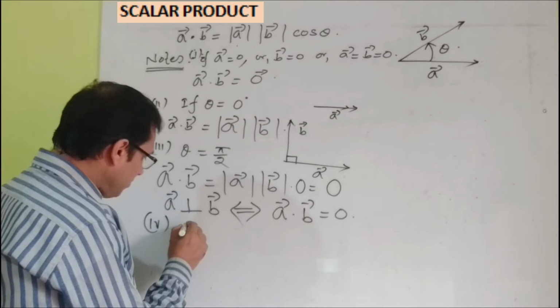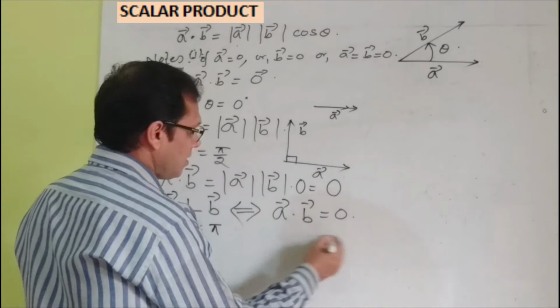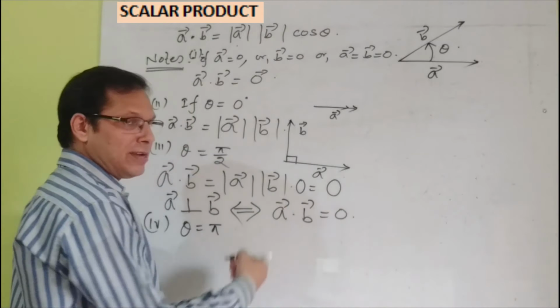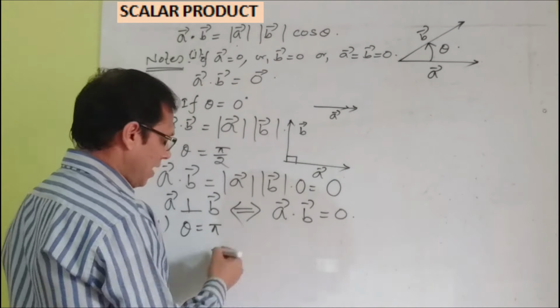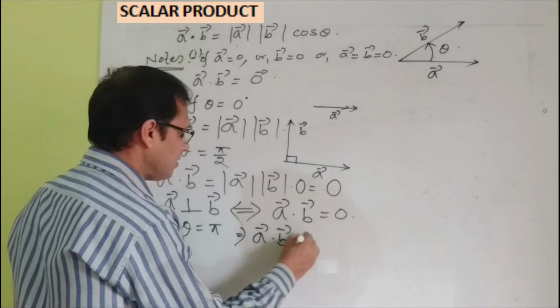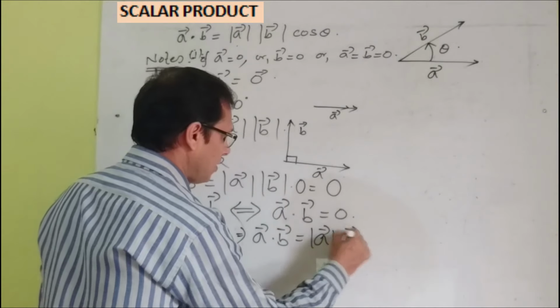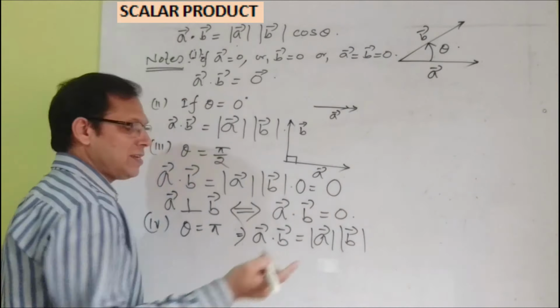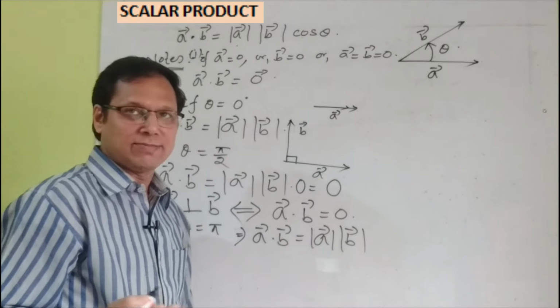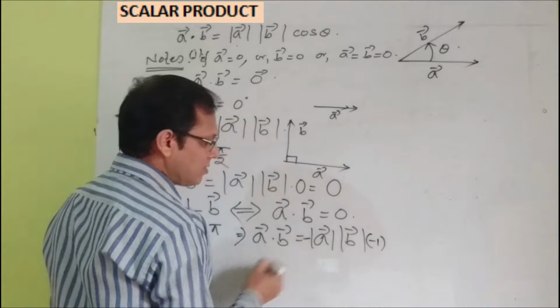Okay, if theta is equal to pi, then what will happen? That means the angle between the two vectors is pi. So that implies a dot b is equal to how much? A vector magnitude b vector magnitude cos pi. Cos pi, all of you know, is minus 1. This is nothing but the minus of this.